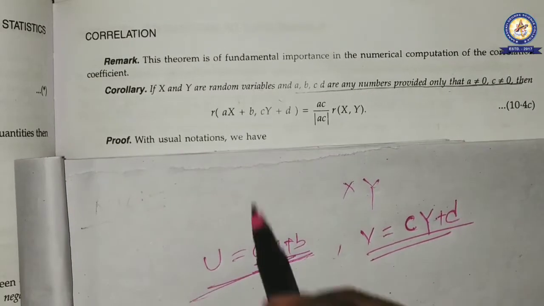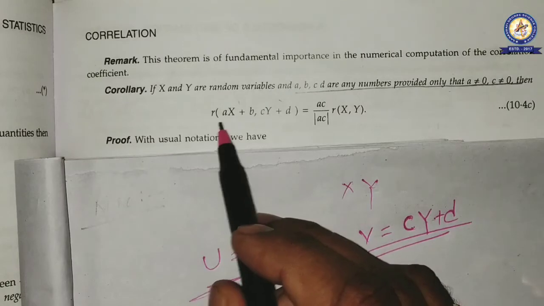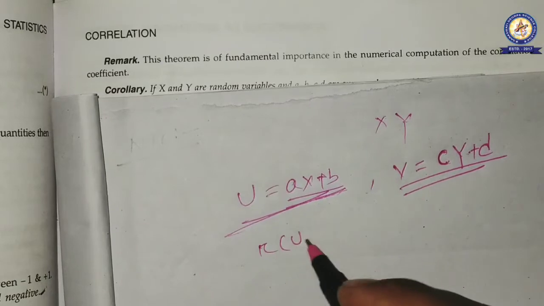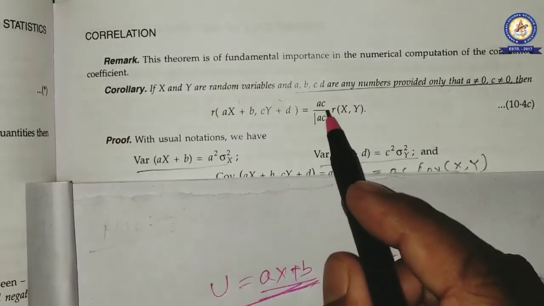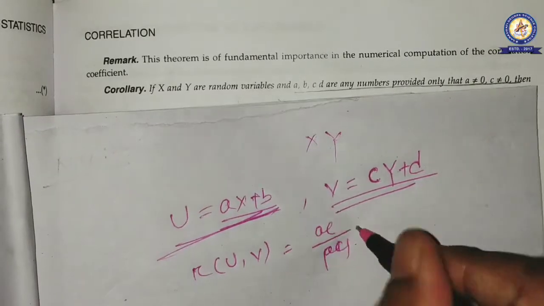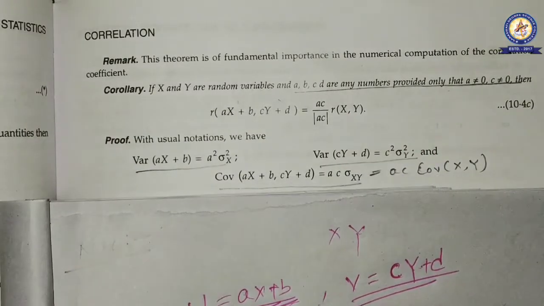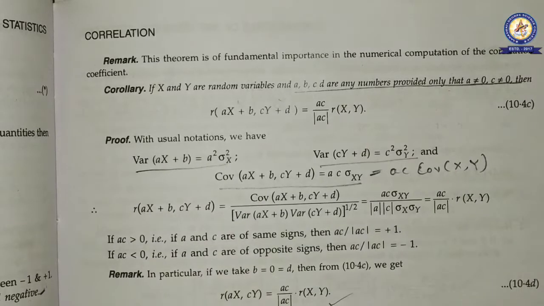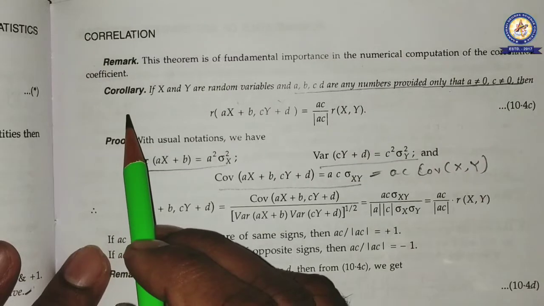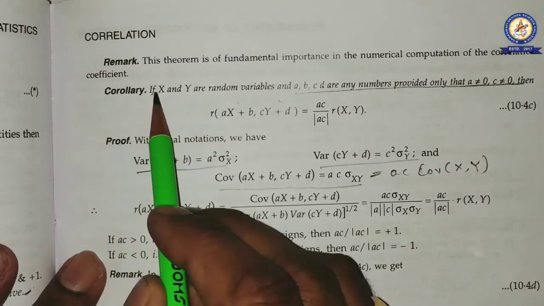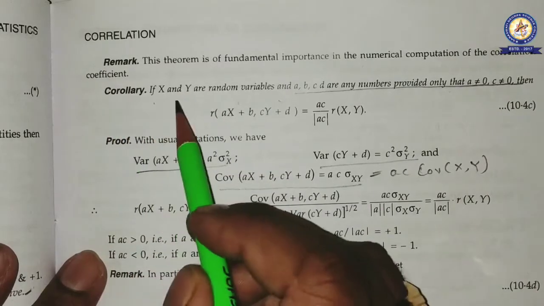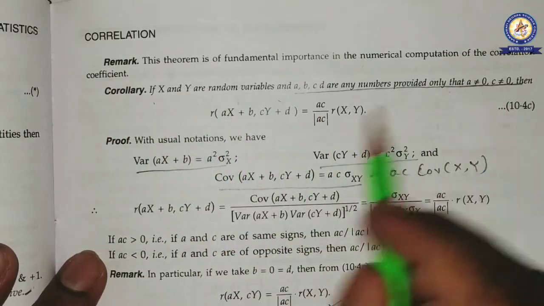So here we have to prove that the correlation coefficient of u, v equals the constant ac by modulus of ac into the correlation coefficient of xy. It is very simple. In your notes, first you have to write corollary or theorem. You can write theorem 2 or corollary, no problem. Write this statement down.